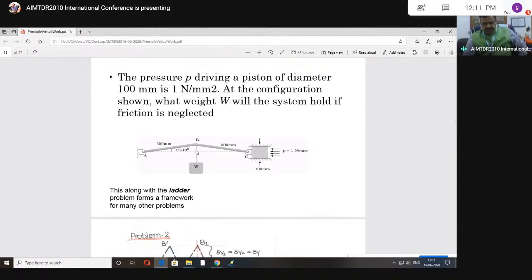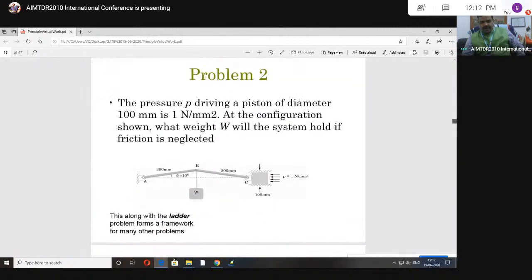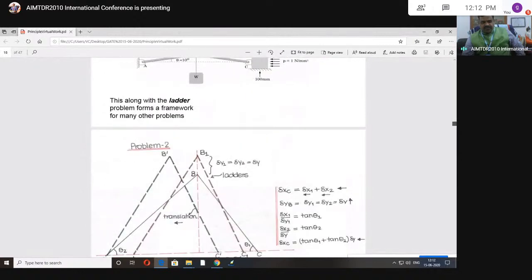But in addition to that there is the load lifting upwards, downwards. Okay. This is 100 mm diameter. At the configuration shown, what weight W will the system hold if friction is neglected? This is the problem. Okay.